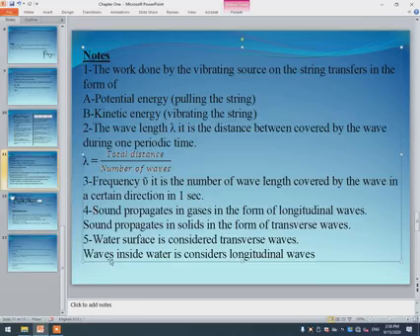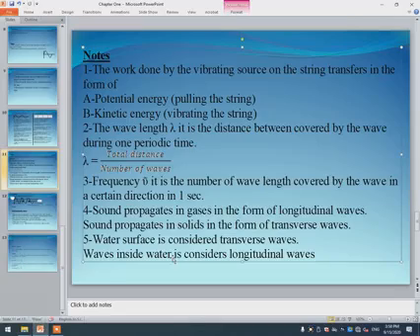But the water wave inside the water makes an angle of 0 with the direction of the water molecules. Why? Due to the huge amount of water above the molecules inside the water, which prevents the molecules of the water inside from moving up and down.